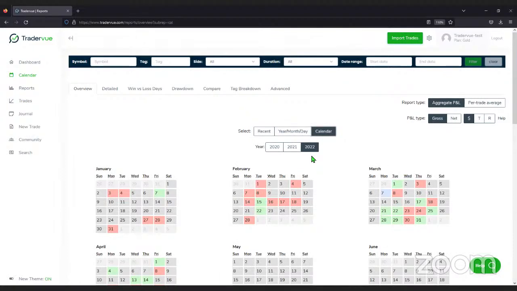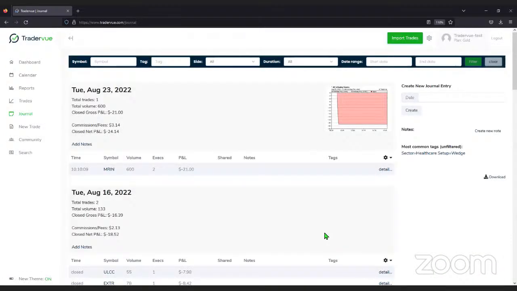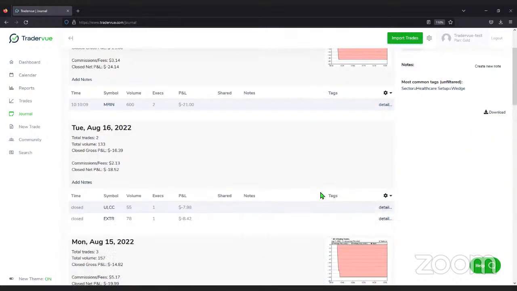But without getting too much into another topic, let's now get to the journal section. In the journal section, you can see day-by-day performance based on your trades.